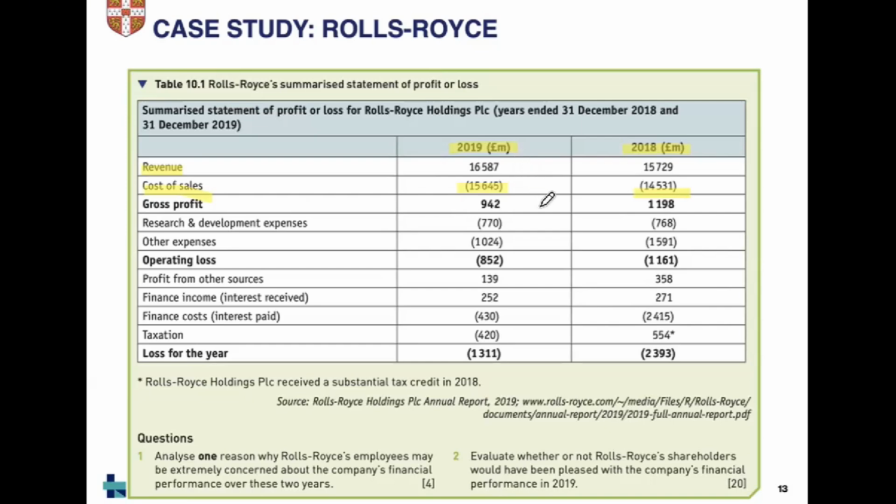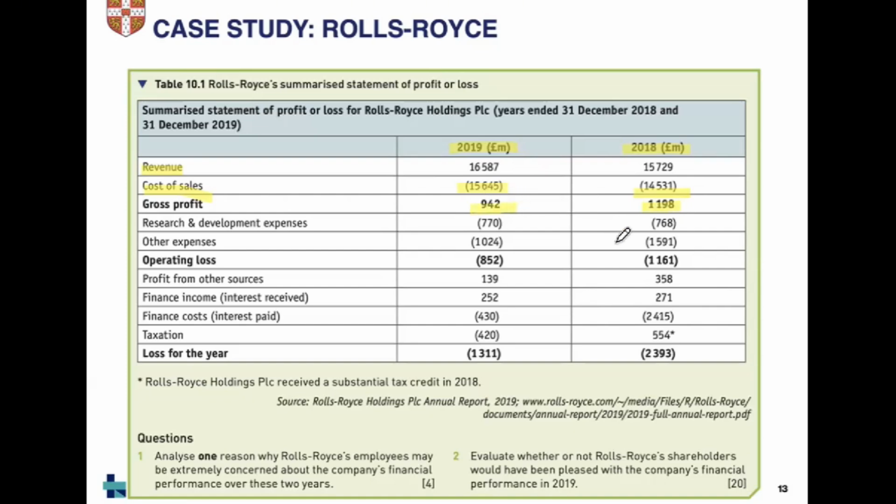So the gross profit in 2018 is 1,198, and the gross profit in 2019 is 942.